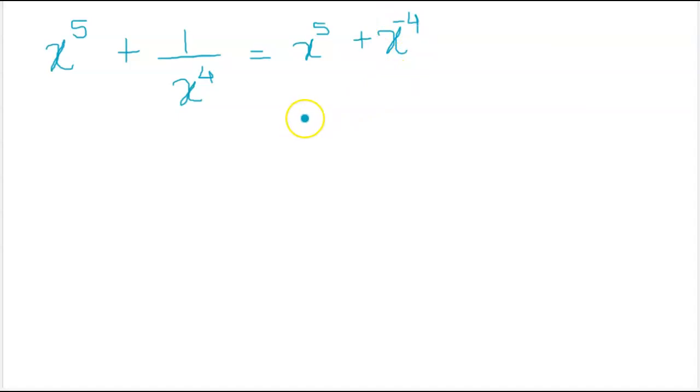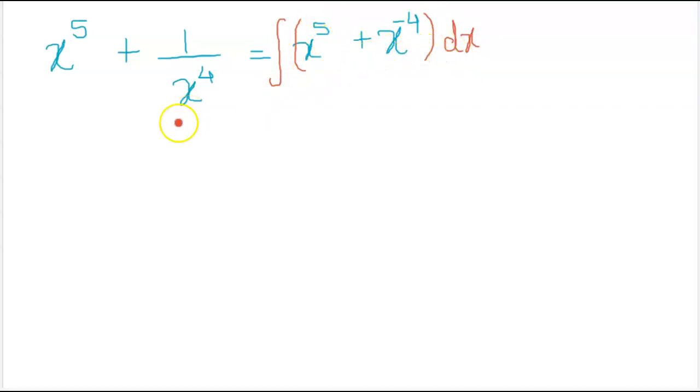First thing you need to do is bring this x to the 4 up: x to the 5 plus x to the power of minus 4. And then you integrate. You just put that into the integration bracket. Now you need to integrate this one and you need to integrate that one.